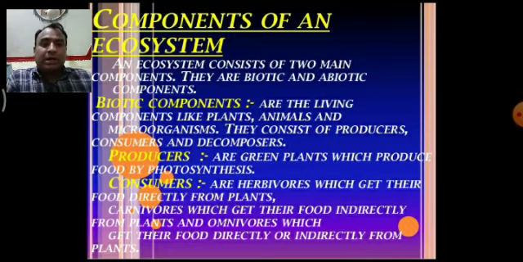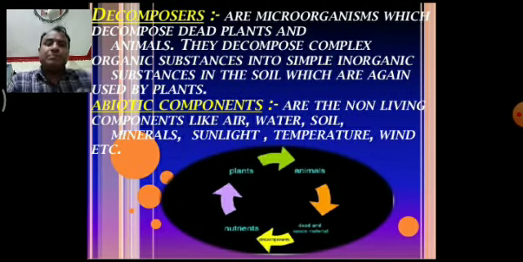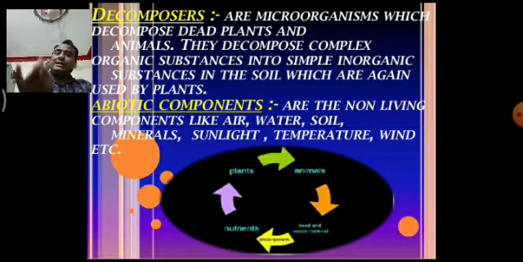Omnivores are those organisms which get their food directly or indirectly from plants. Next, decomposers are the microorganisms which decompose dead and decaying matter. They are very helpful for the environment because they clean the environment.